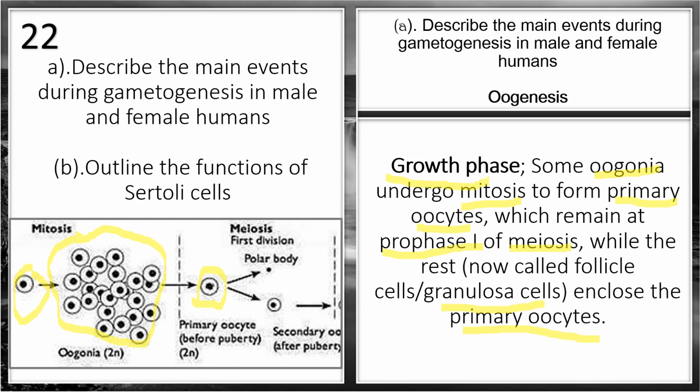And the rest, those that did not form the primary oocytes, we now call follicle cells or granulosa cells. They will go and enclose our primary oocytes.